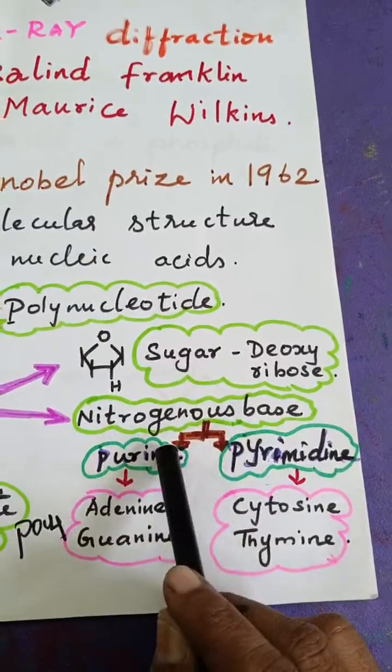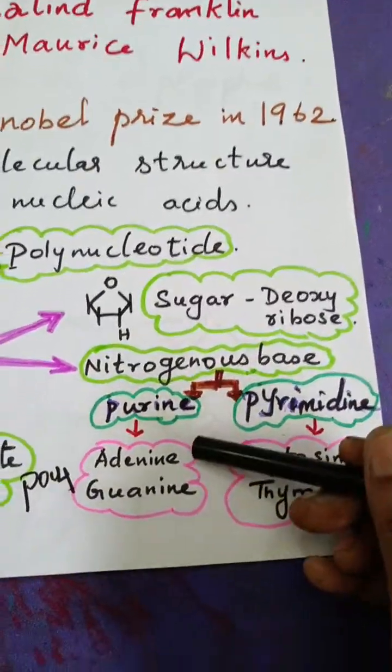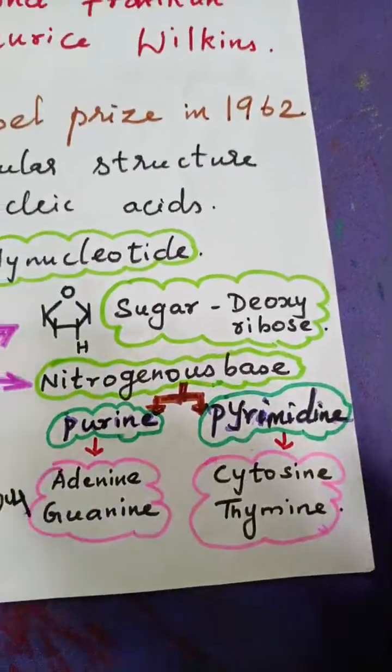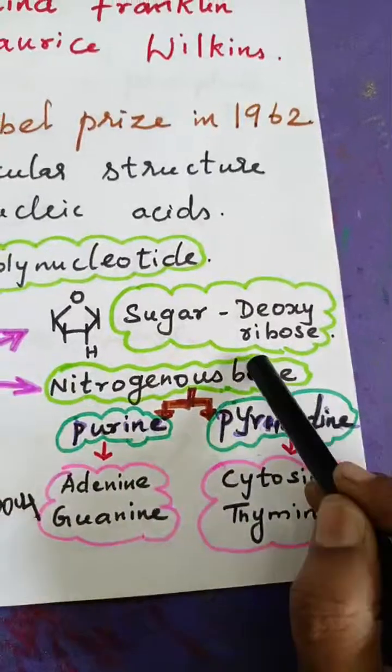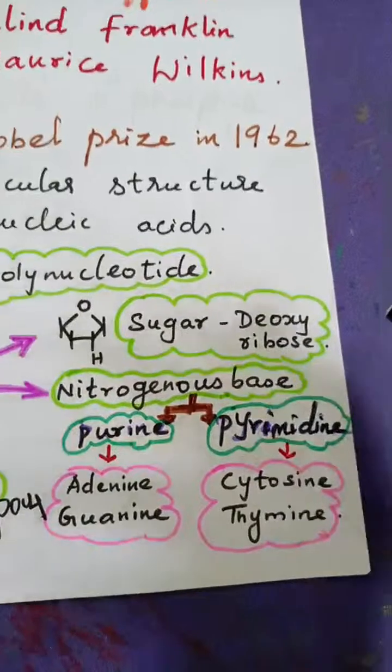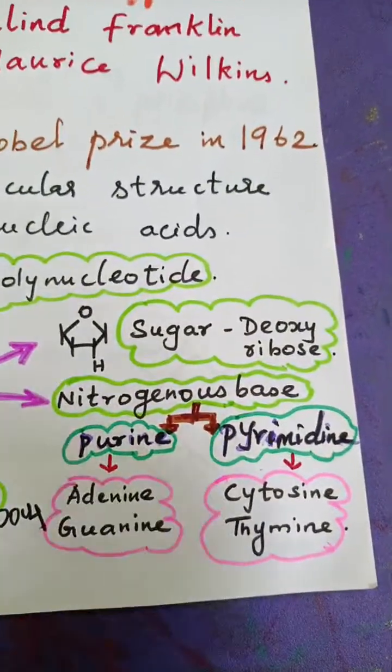The purines are adenine and guanine, and the pyrimidines are cytosine and thymine. So these are the nitrogenous bases. That's why it is the nucleic acid, the acid present in the nucleus.